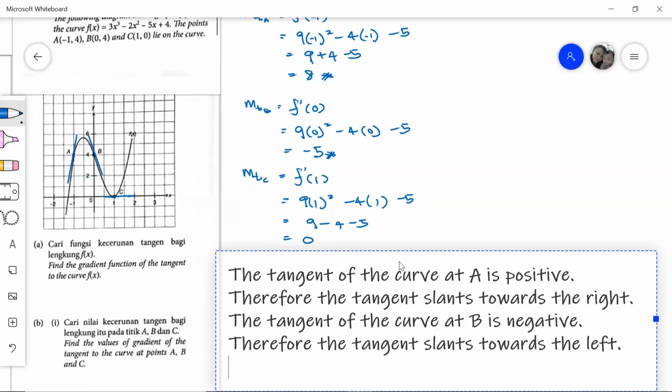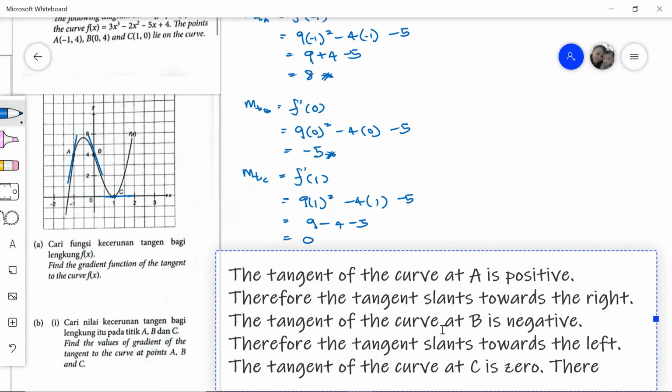Imagine that the straight line is actually a vertical line. When the vertical line goes this side, it slants towards the right. When the vertical line goes to the left, it slants to the left, so we have a negative tangent. And the tangent of the curve at C is 0.